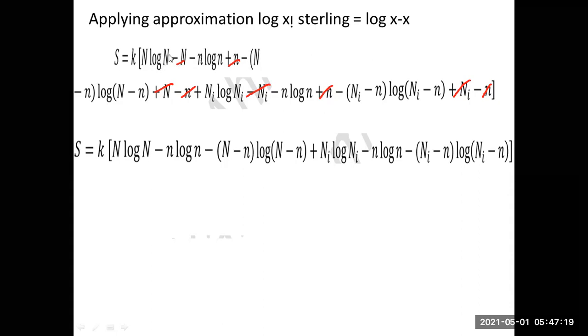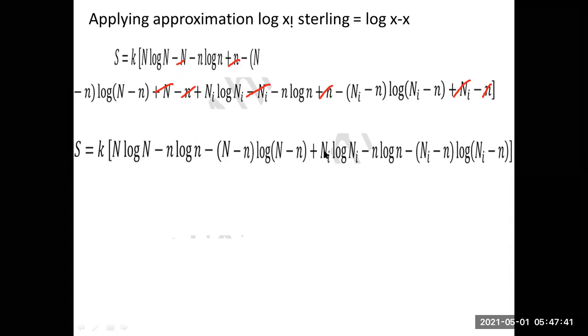So now when you see this term as it is, n log n minus n log n minus of capital N minus small n, log of capital N minus small n, as it is we have written. So what is there here?